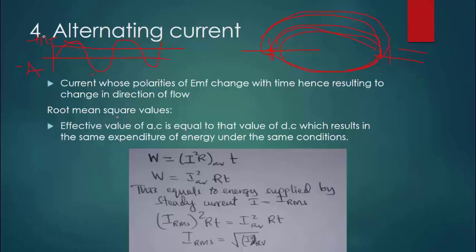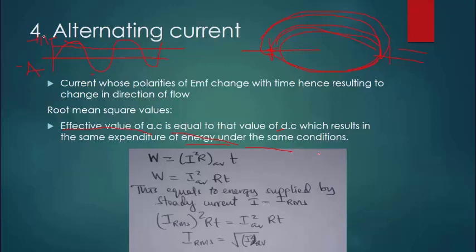So we have what we call root mean square value. First, we have to know what we mean by the effective value of an alternating current. Effective value of alternating current, despite all these variations, the value that is functioning of alternating current, is equal to that value of DC, of direct current, which results in the same expenditure of energy under the same conditions.